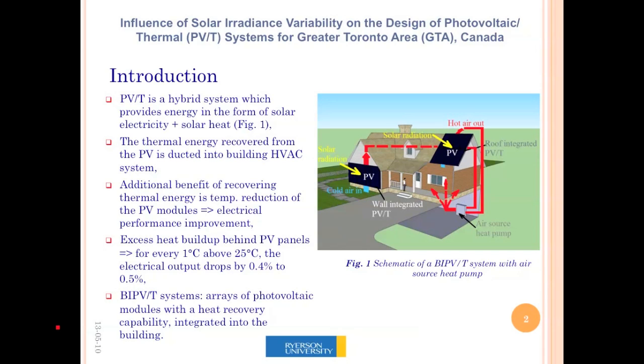What you see here is an illustration which shows a PV integrated into the wall and into the roof, and then the heat is extracted and fed to the heat pump. The warm air extracted in such a way can increase the coefficient of performance of the air source heat pump.